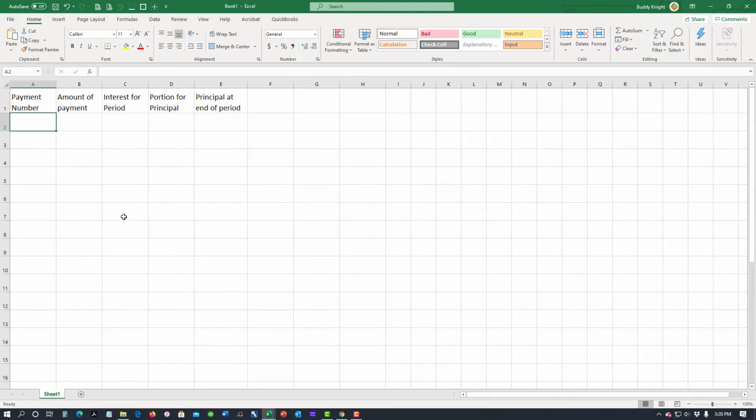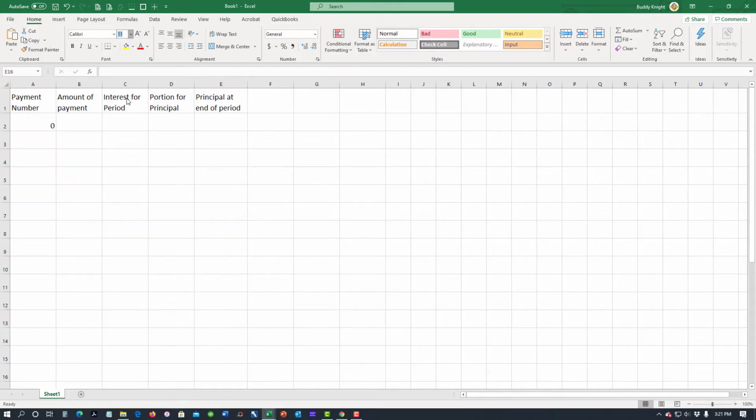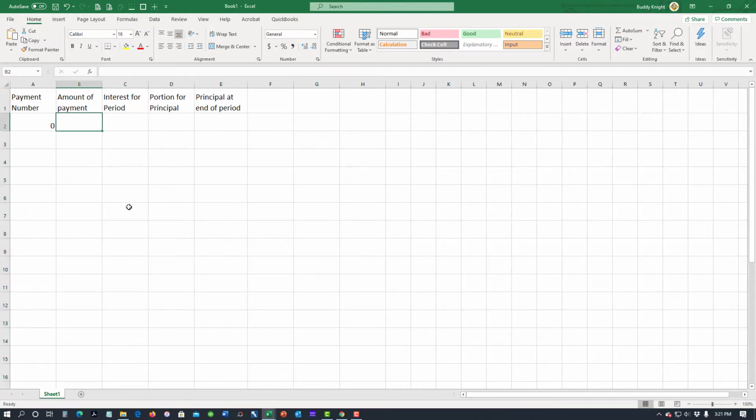And I start my payment with payment number 0. This is going to represent my loan at the beginning of the loan. So I want to make my numbers a little bit bigger also so you can see them. This is not necessary if you're just doing this for yourself. So for payment number 0, we figured out in Part A that our payment should be $88.85. So that's there.